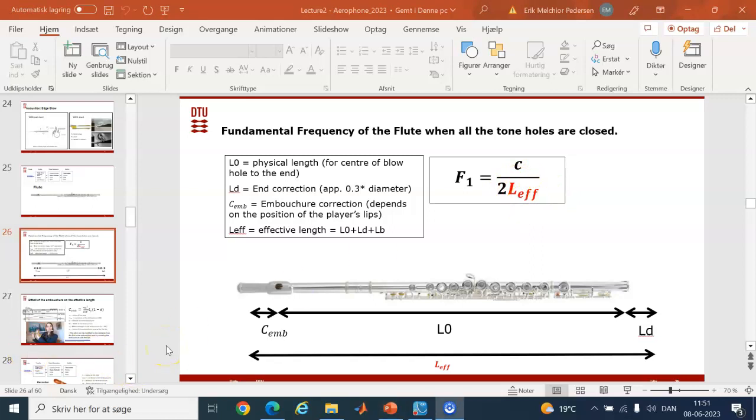Yes, and now I will play my flute here. The embouchure I can change it.